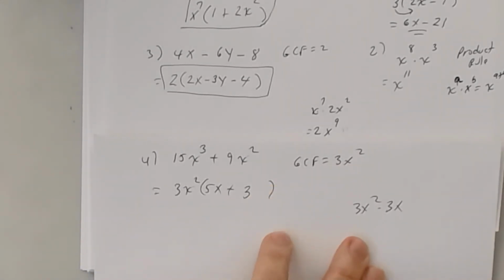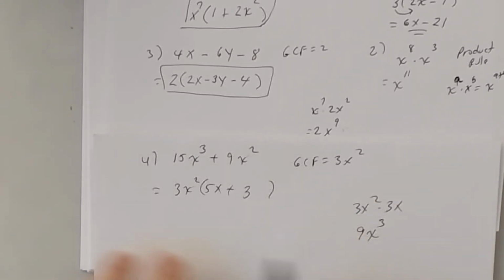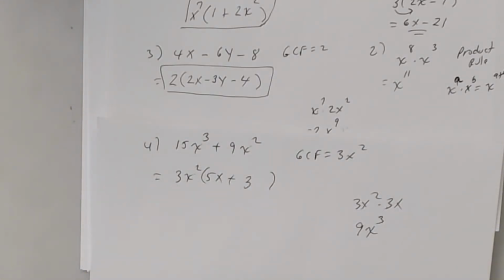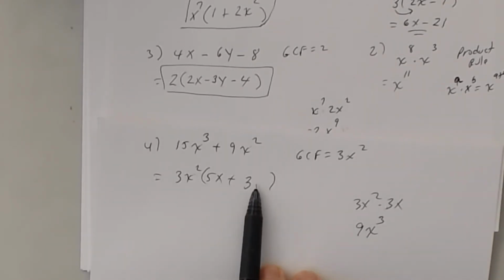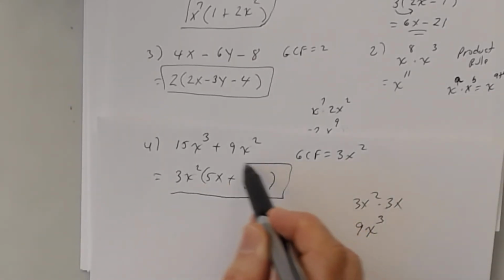Let's say you did put a 3x. What's 3 times 3? What's x squared times x? Is that what you wanted? No. So always check. Always check to make sure what you wrote makes sense. All right, so it was not a 3x that had to be there, it was just a 3. Okay, all right, so there's your answer to that one.